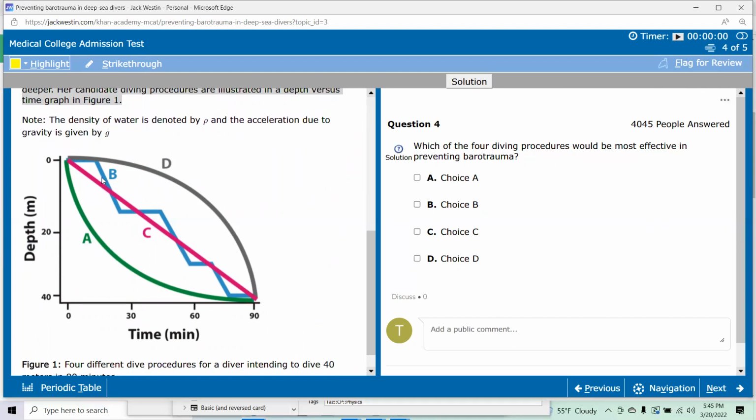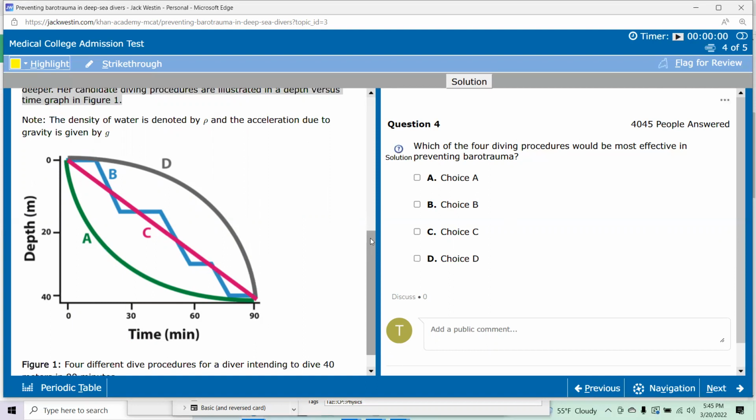The graph is showing us the 4 different options. All of them show that over time the depth is increasing, right? The only question is the path that they took to get to this bottom right point.